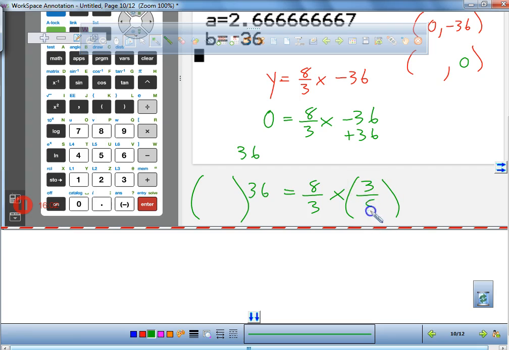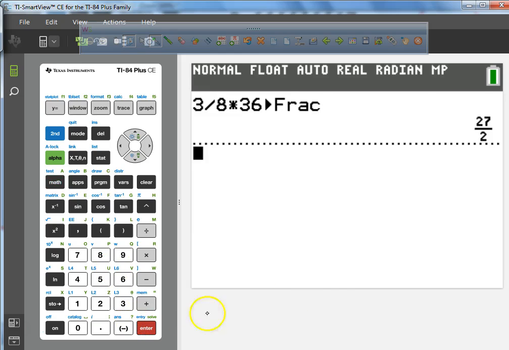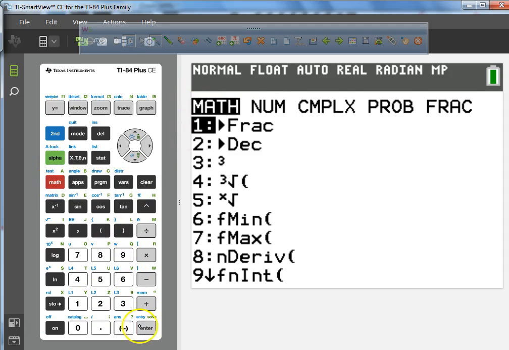That's right, 3 over 8. So right now what we have to do is take 3/8 and multiply it by 36. Hit the math button, press enter twice. What do you get? 27 over 2, also known as 13 and a half.